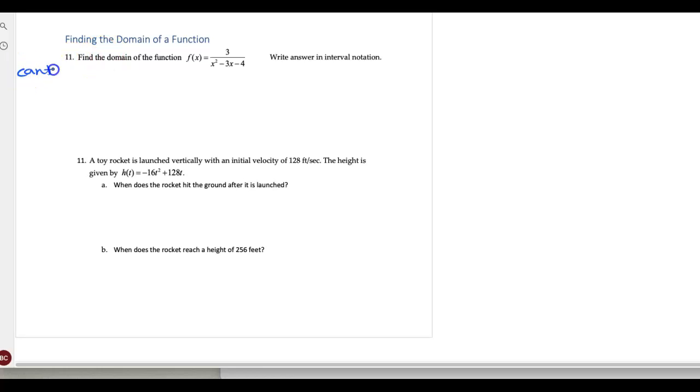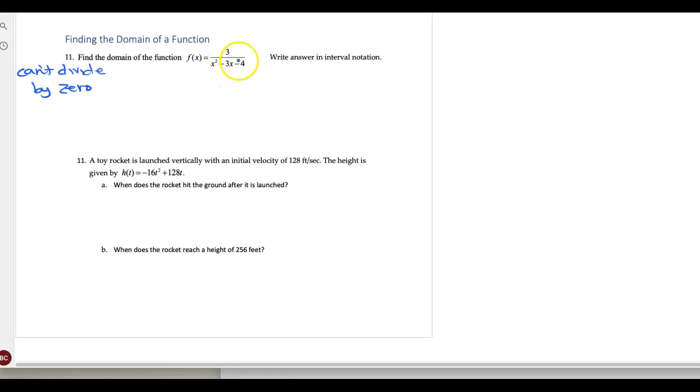Can't divide by 0. It gives me something undefined. So basically I need to figure out what x values are going to make that 0, because those are the things that x can't be.